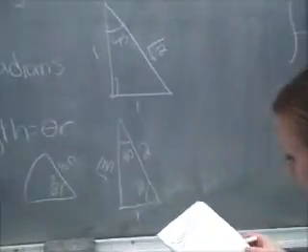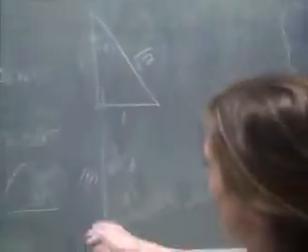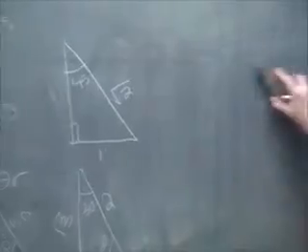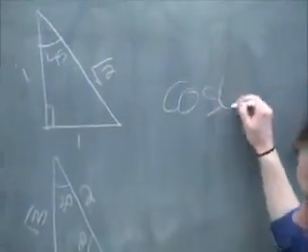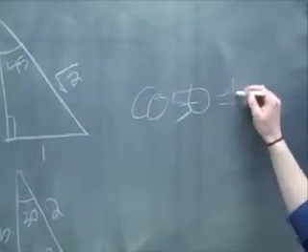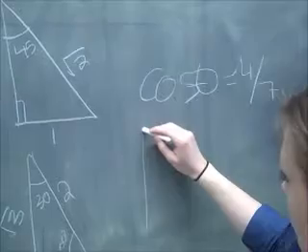So for an example of this, say you have cosine theta equals 4 over 7, and you want to draw a triangle.